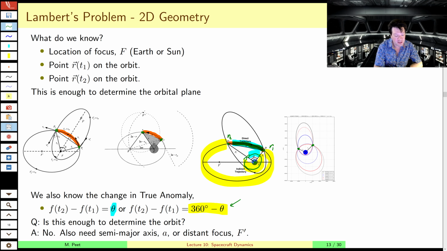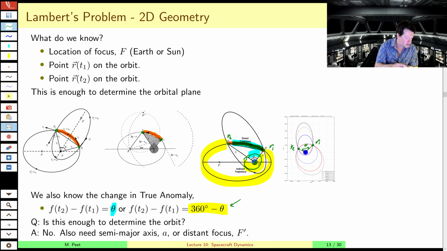So for example, just to illustrate that ambiguity, with a fixed true anomaly, you see lots of arcs on this diagram. These are all possible transfers from point R1 to R2 with the same theta between them. So that theta is not going to help us overly much.